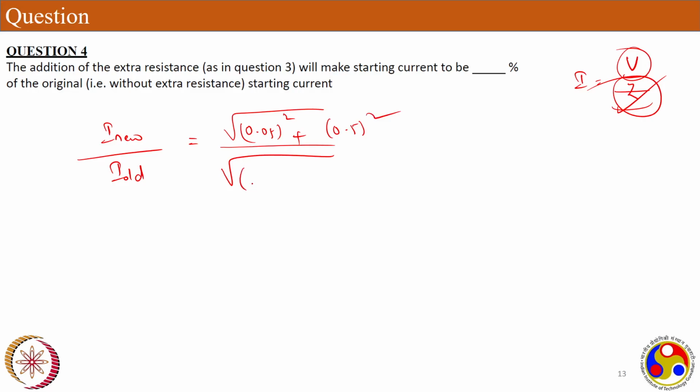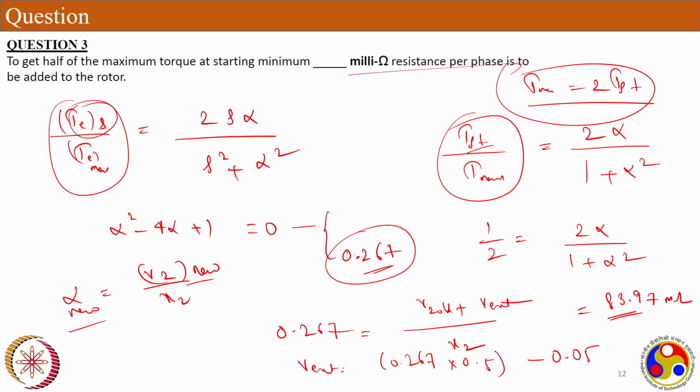What is the new x2? X2 has not changed, 0.5 only. What is the new R2? In this condition, previously in question 3, how much did we get? The total is 0.267, that's the slip now.